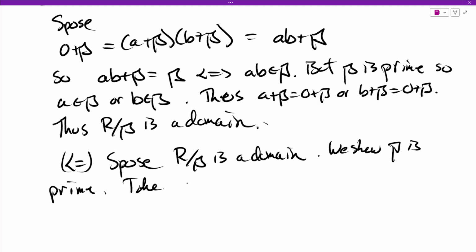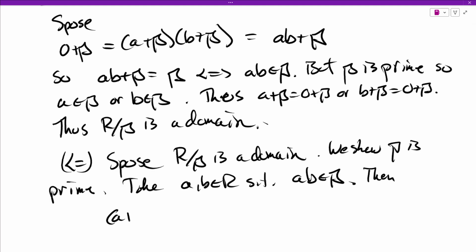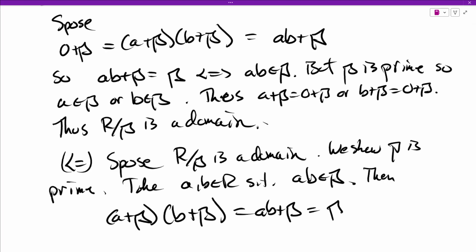Take A, B in R such that the product is in P. We have to show that one of A or B is in P. Well, if we look at what happens in the quotient to the product of the corresponding cosets represented by A and B, we get AB plus P, but AB is in P, so we're going to get the 0 coset.